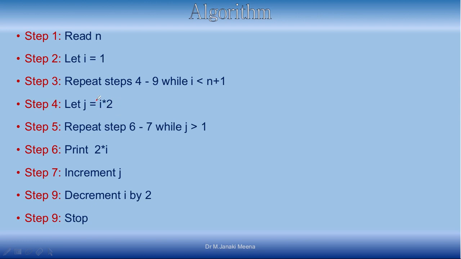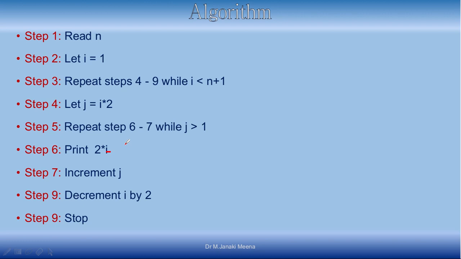That is, if it is the second row, then it should start from 4. If it is the third row, where i denotes the row index, it should be 6. The 10th row it should be 20, and so on. Then you are going to repeat these two steps, where you print 2 into j, while j is greater than or equal to 1. Yes, this should be 2 into j.